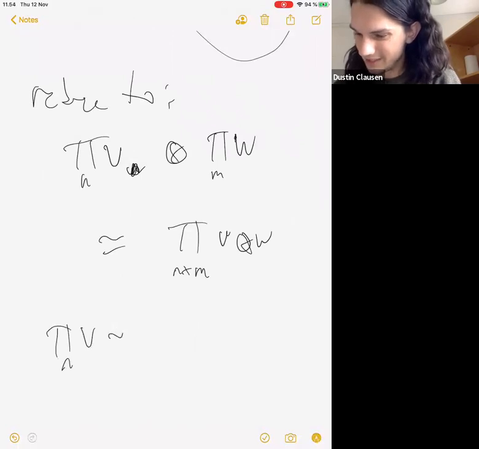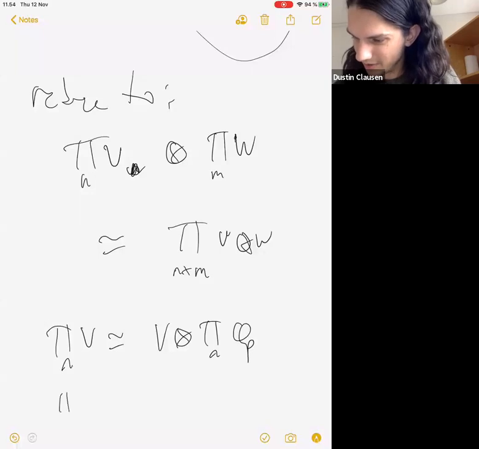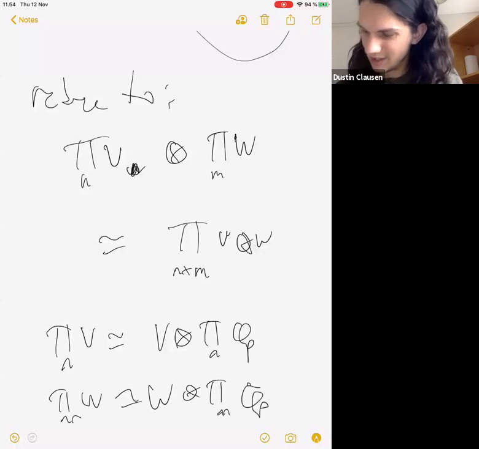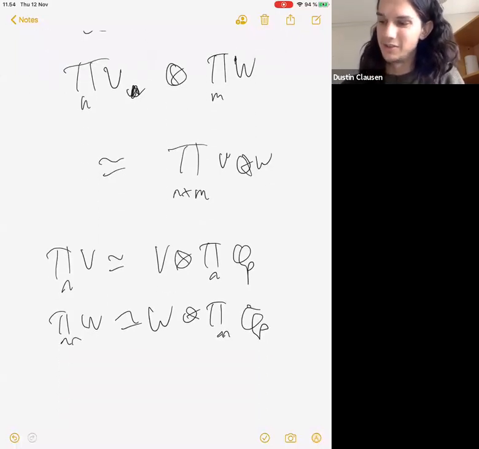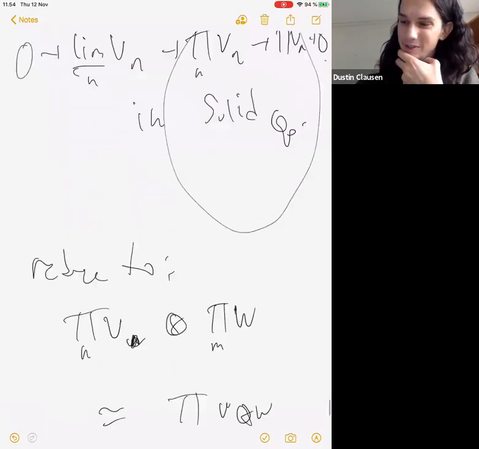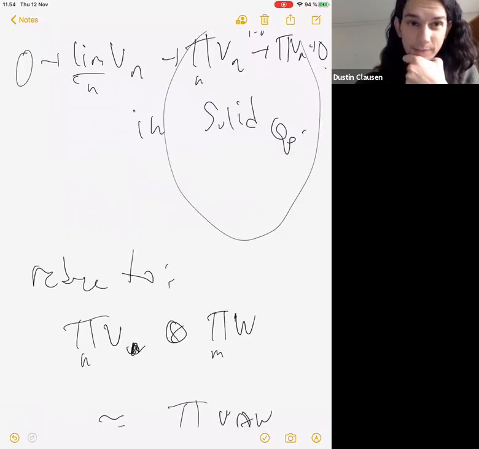Product NV is the same thing as V tensor product NQP, and product NW is the same thing as W tensor product NQP. When you tensor these two together, you get V tensor W tensor product of copies of QP tensor product of copies of QP. But we calculated that the product pulls in. So therefore you deduce it also for Banach spaces.